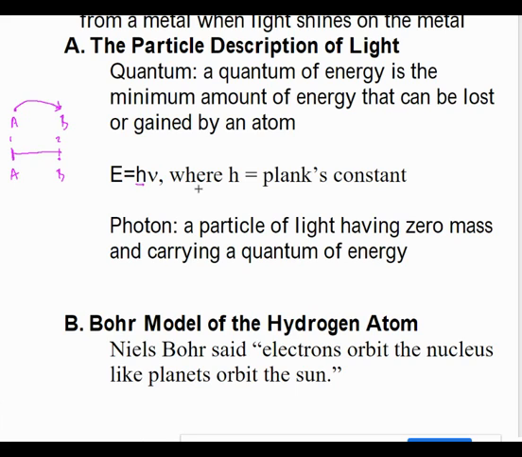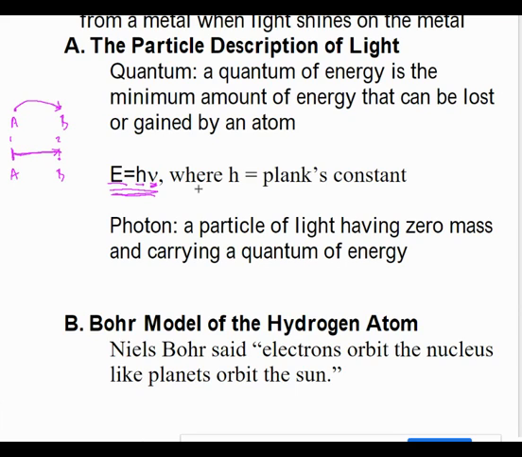So, for example, if it were to go up in energy, moving up from 1 to 2, it had to gain a certain frequency of energy. And if we multiply it by Planck's constant, we will calculate the energy that it gained. Okay, again, you probably will not be asked to calculate a specific energy, but it's just this simple equation. Planck's constant times the frequency, and it tells you how much energy was gained or lost by that electron.